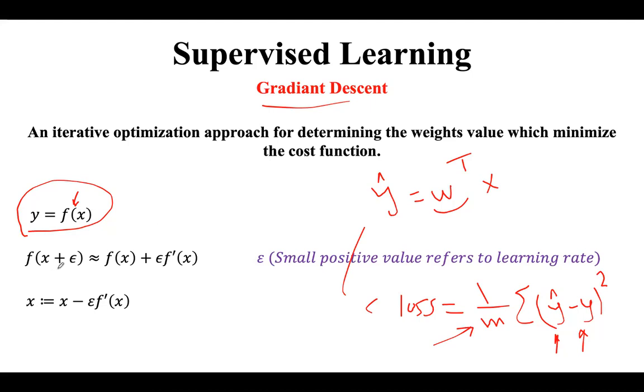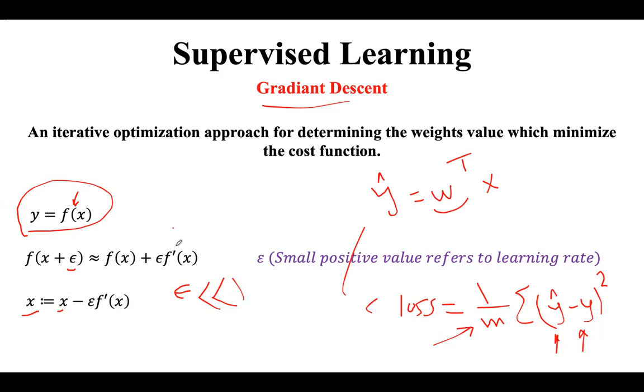If we add a small value epsilon, a really small number, to x, then we can approximate our function by f(x + epsilon) ≈ f(x) + epsilon multiplied by f prime x, where f prime is the derivative, as you know. Then we set the new x equal to the previous one minus epsilon multiplied by f prime x.